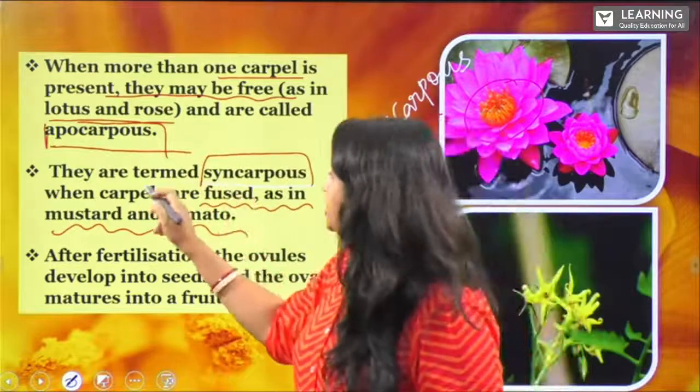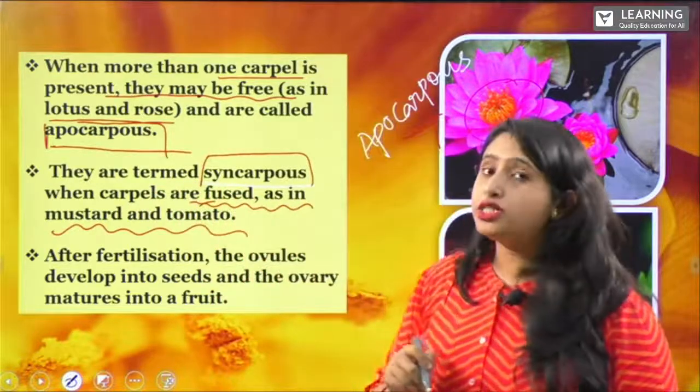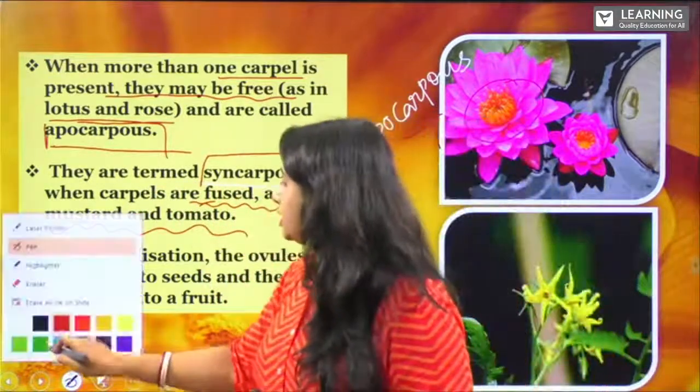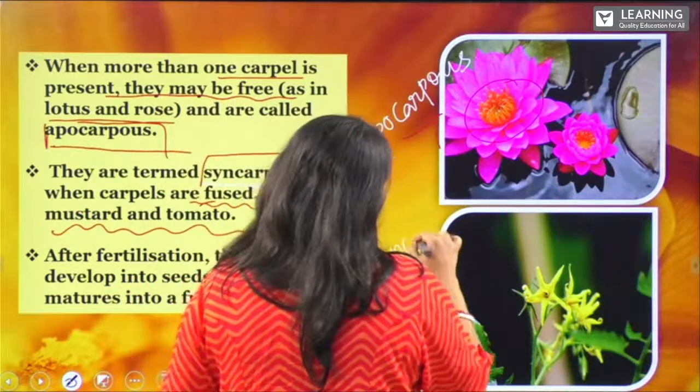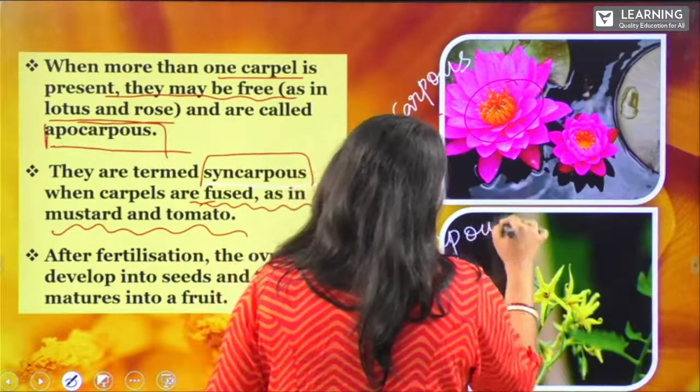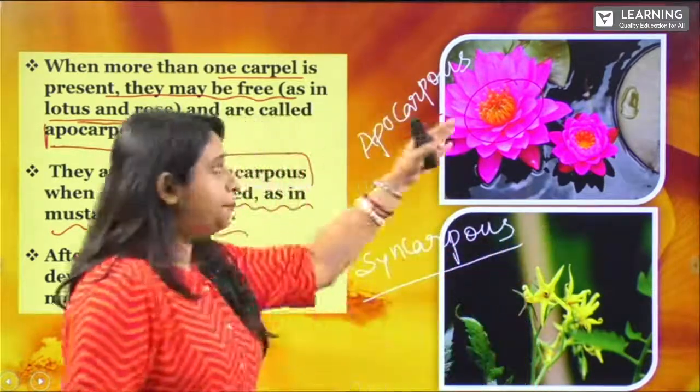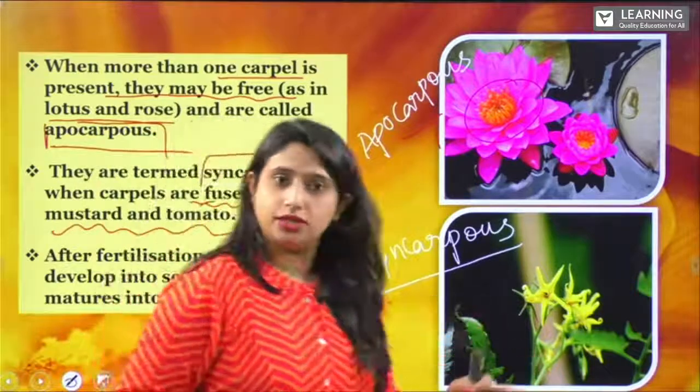When the carpels are fused, it is called syncarpous. So, apocarpous and syncarpous. Clear?